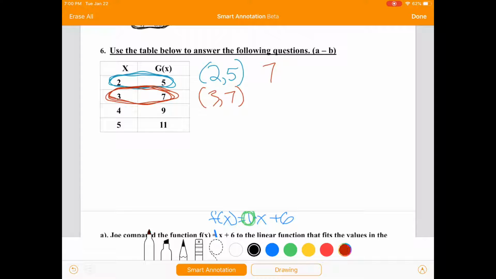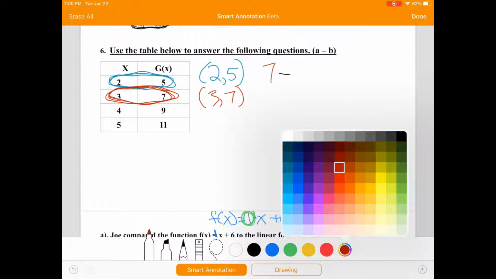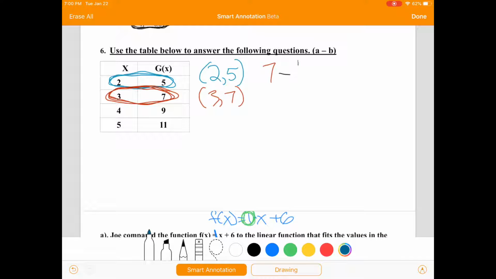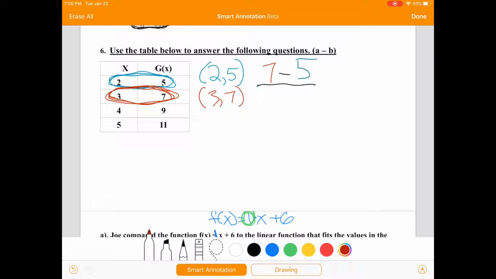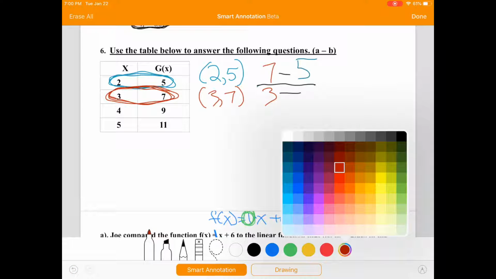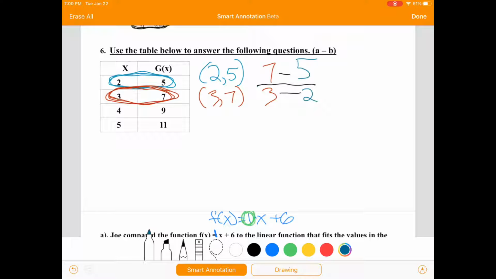I'm going to set it up: 7 minus 5, divided by 3 minus 2.